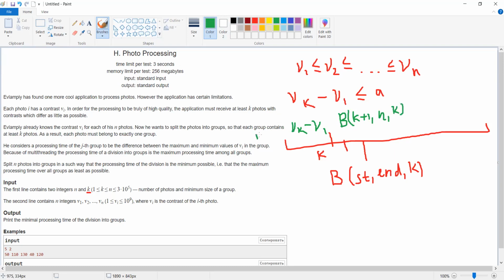So we can take the maximum value out of these two values. But we can also take, for example, the maximum of vk plus 1 minus v1 and b starting now from k plus 2 and ending.